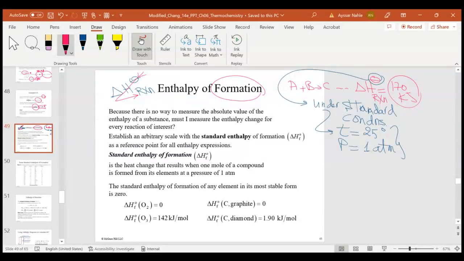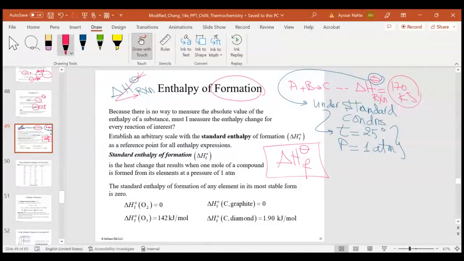Okay? Done. Now there is another term, which is delta H not of formation. That is now not of reaction, but of formation.